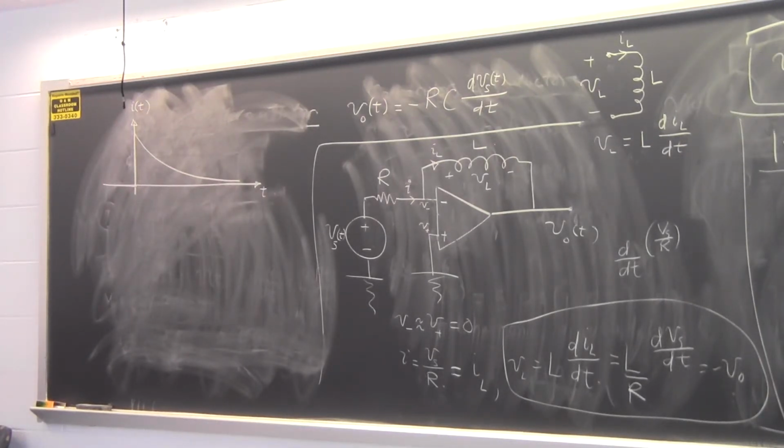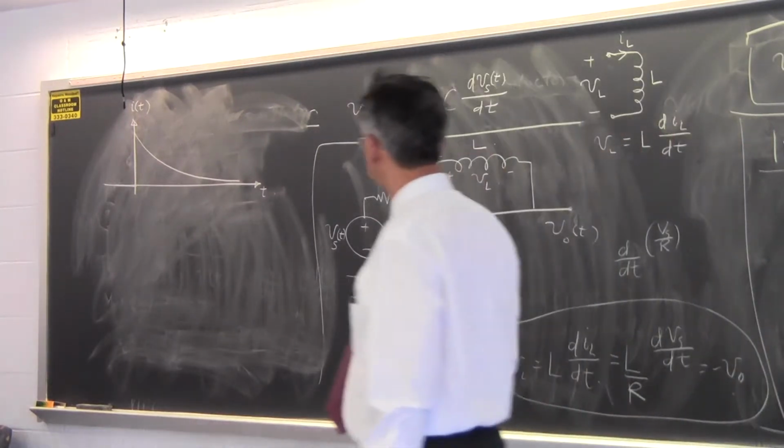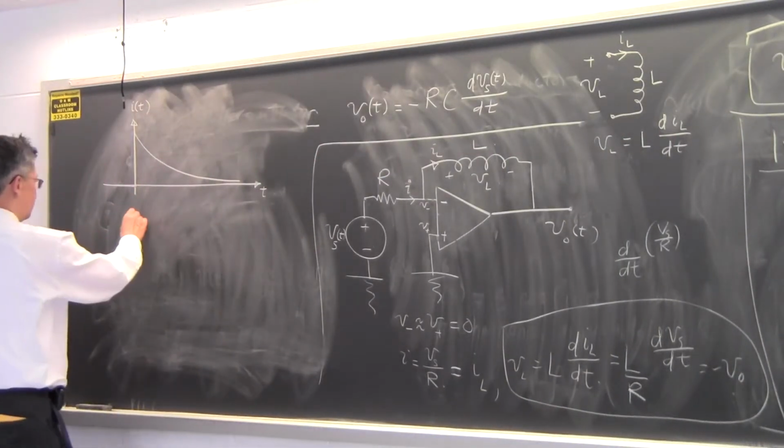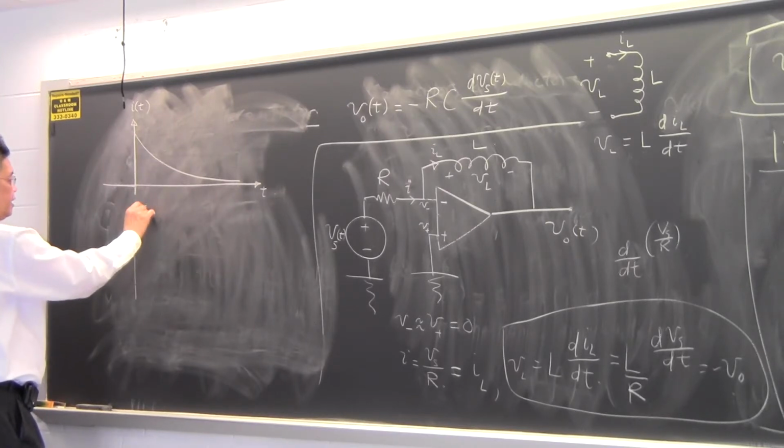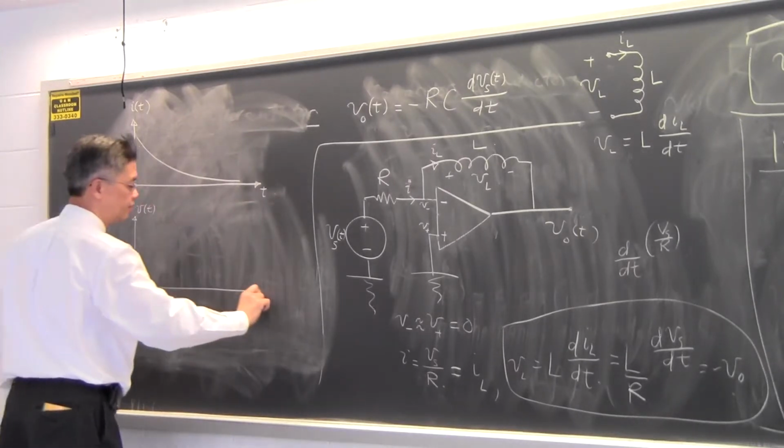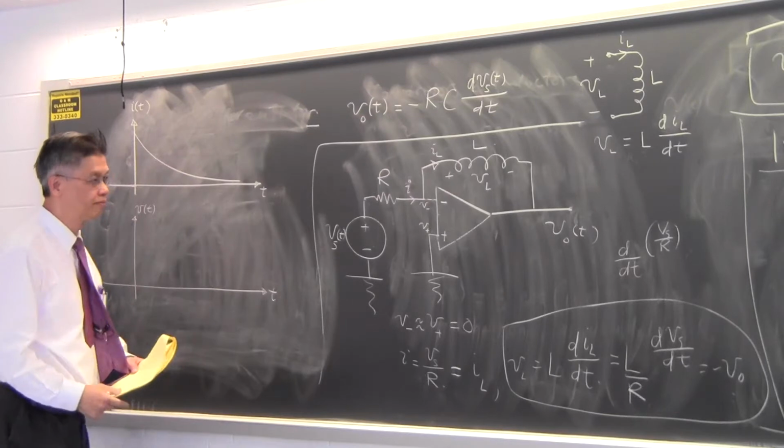Then you find the voltage through the capacitor by just using this relationship. The v(t) is just the integration of the current according to that relationship.